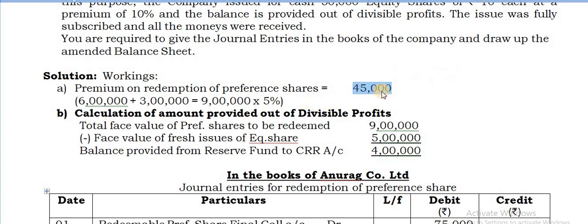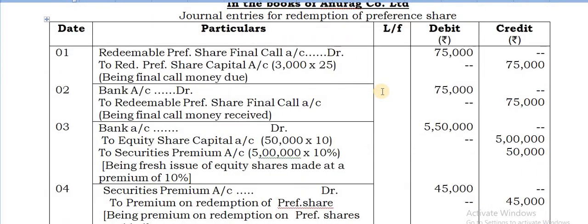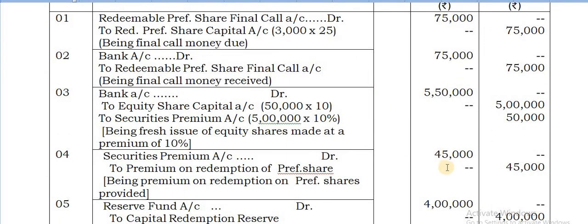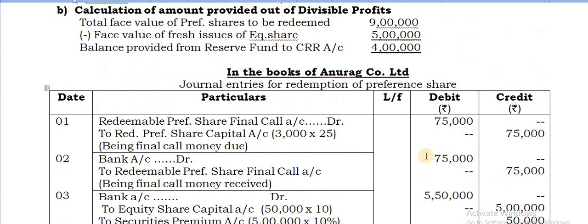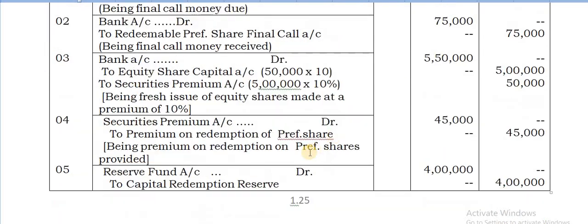But the premium payable is only 45,000. So 45,000 can be paid comfortably. Therefore, no usage of any of the divisible profits. You can take only this, securities premium account debit to premium on redemption. Then reserve fund account debit to capital redemption reserve. Whatever the amount is being transferred to CRR, you can take up for that.